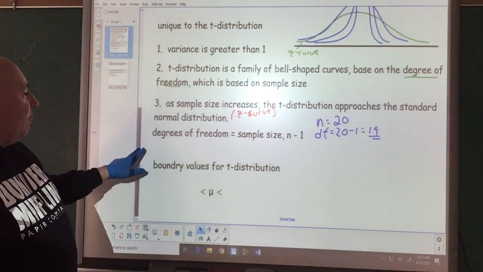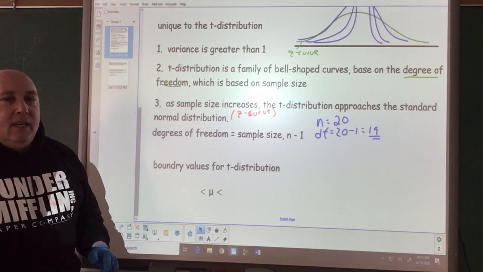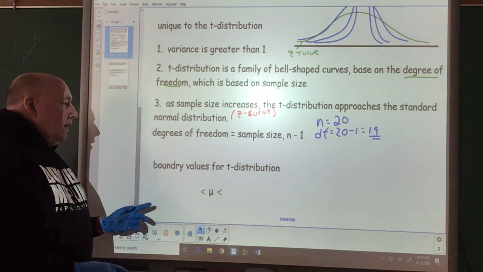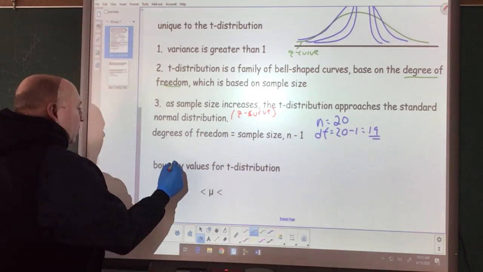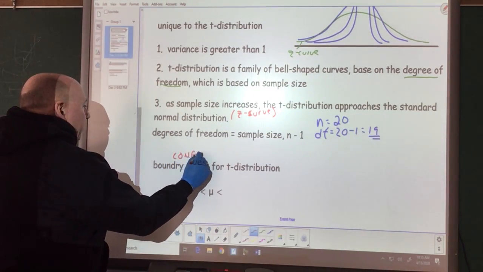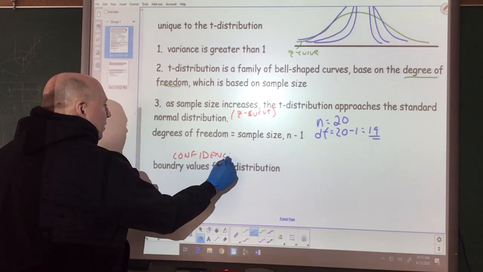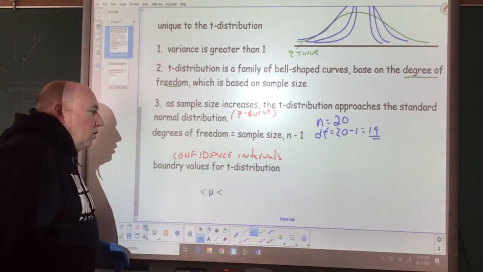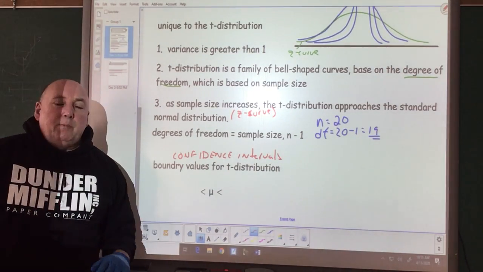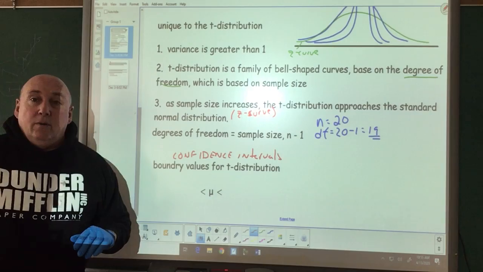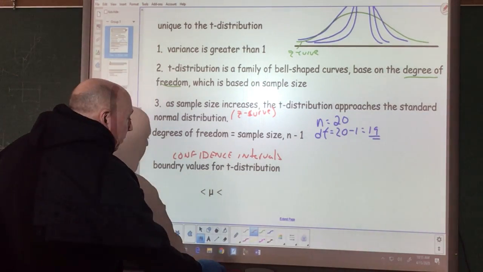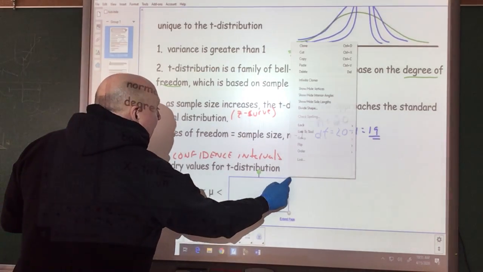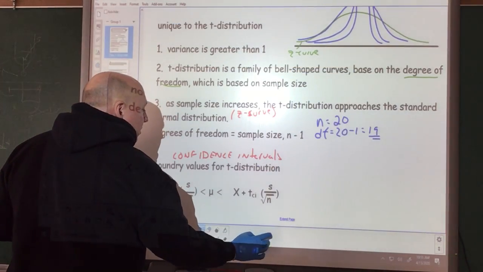Okay, now that you're back from doing that, for a t-distribution, how do we calculate confidence intervals? Once again, these are confidence intervals. How do we find these boundary values for a t-distribution? Well, you'll be happy to know it really does not change.